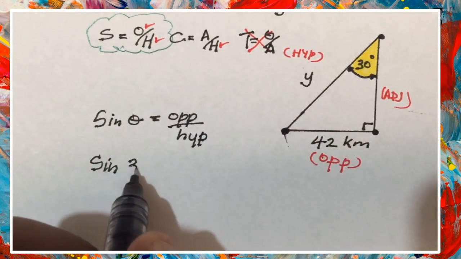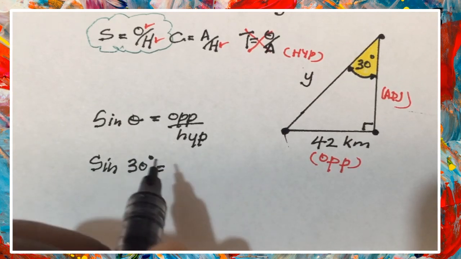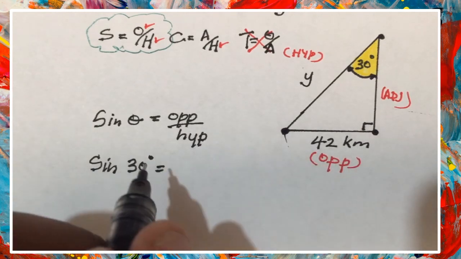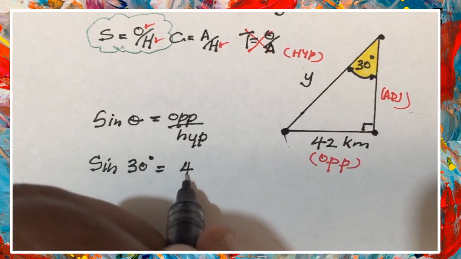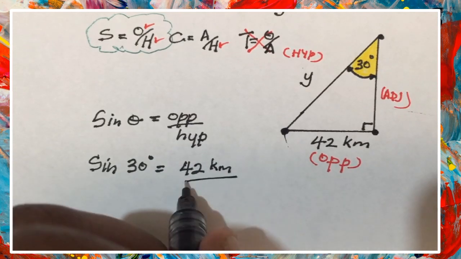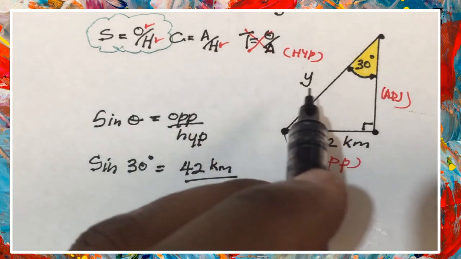So I'm going to drop the 30 degrees right here. Following the formula, equal to the opposite. What's the opposite? 42, and that's kilometers. And we're going to divide that, because the formula says to divide, by the hypotenuse, which is just y.